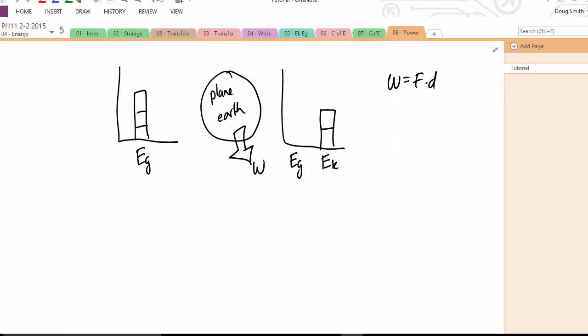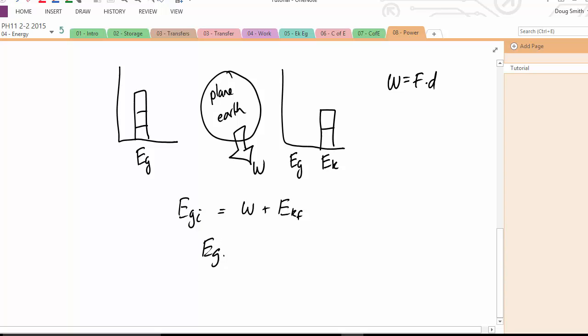So you can think of it as E_g initial equals work plus E_k final. Or the other way to think of it is that when work is leaving the system, it's a negative number. So we could still write it like this, but we're expecting this work to be a negative number.